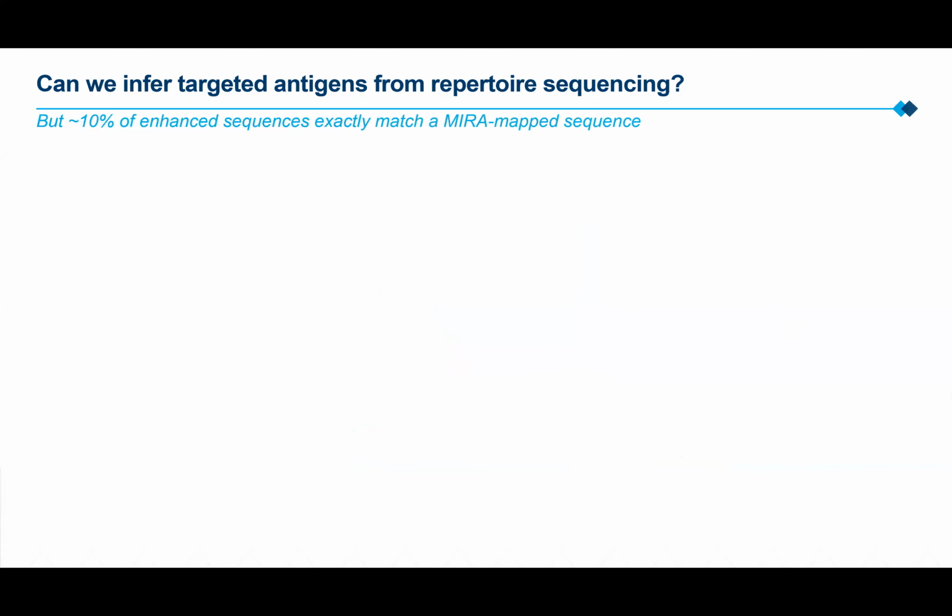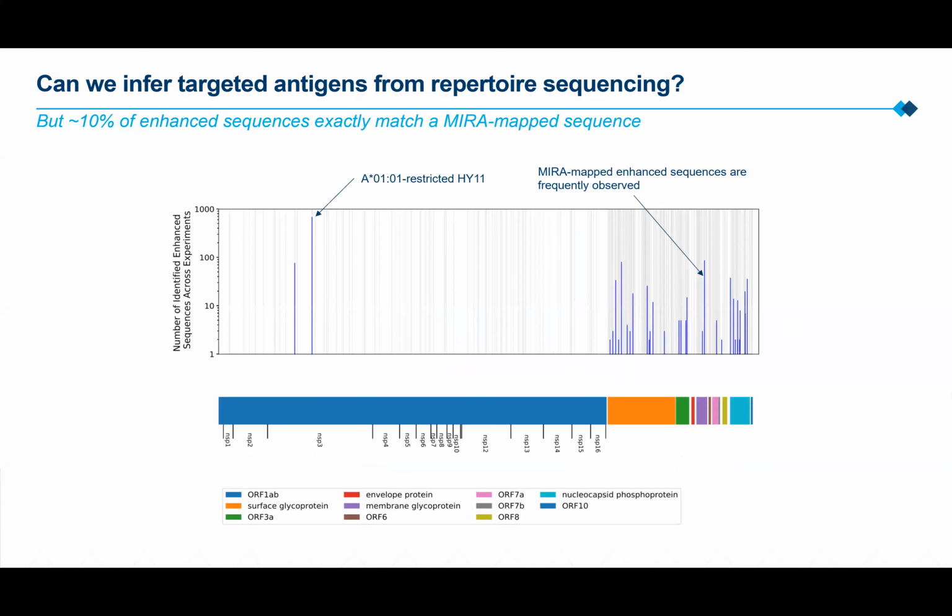Now, that said, about 10% of the enhanced sequences exactly match a MIRA mapped sequence. So by construction, the enhanced sequences are public clones, which are enriched in cases versus controls. And a small fraction, but an important fraction, actually can be mapped directly to antigens. I'm not going to go into too much detail here, but at a high level, we see that we're mapping exact hits across the entire proteome.